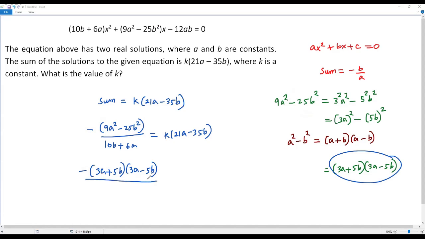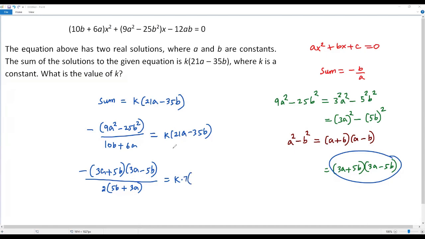Divided by, when I consider the terms of the expression in the denominator, both terms have the greatest common divisor 2, so we can factor 2 out. To get the terms inside the parenthesis, we divide by the one we factored out. Dividing 10b by 2, I get 5b, and dividing 6a by 2, I get 3a, equals k times. Here, both terms 21a and 35b have the greatest common divisor 7, so we can factor 7 out.